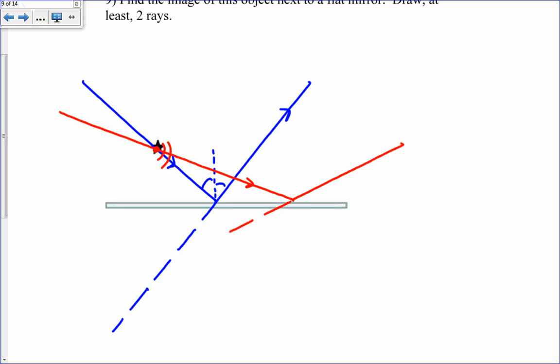I'm going to trace back what we call the virtual ray. These 2 angles are equal. Where these two cross is where my image is. That's pretty good. In lab, you use a protractor and you do this more rigorously. This is my object distance. This is my image distance. Remember, for flat mirrors, P was equal to negative Q.